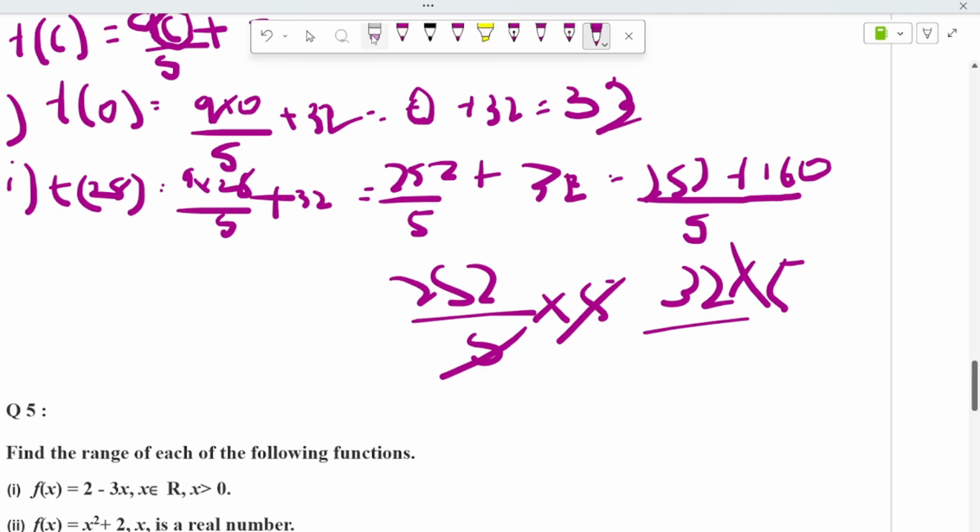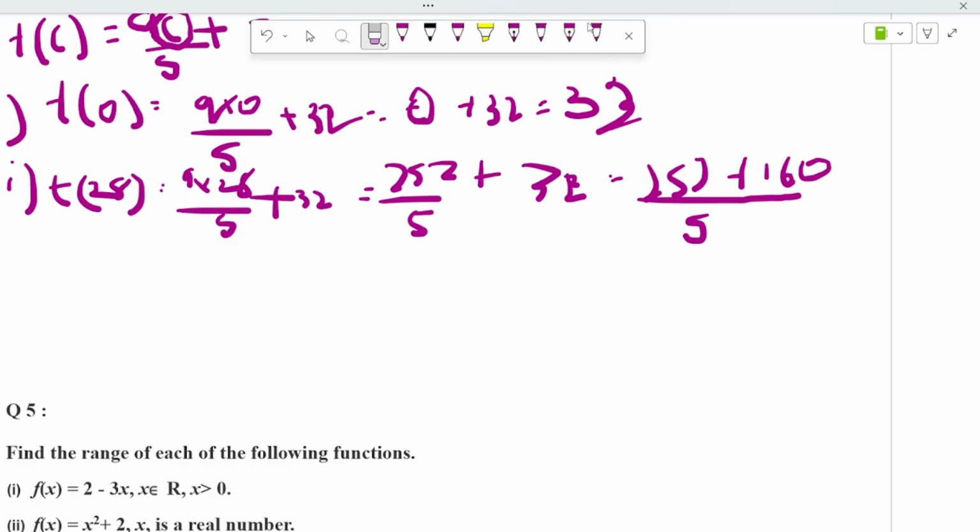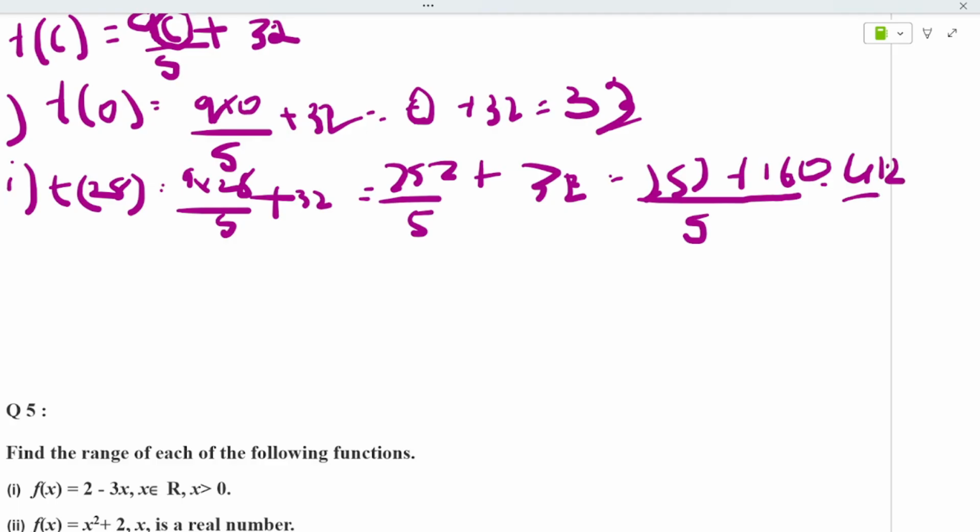Next, you have to add 252 plus 160, which gives 412 divided by 5. You can keep it as it is or you can still solve.